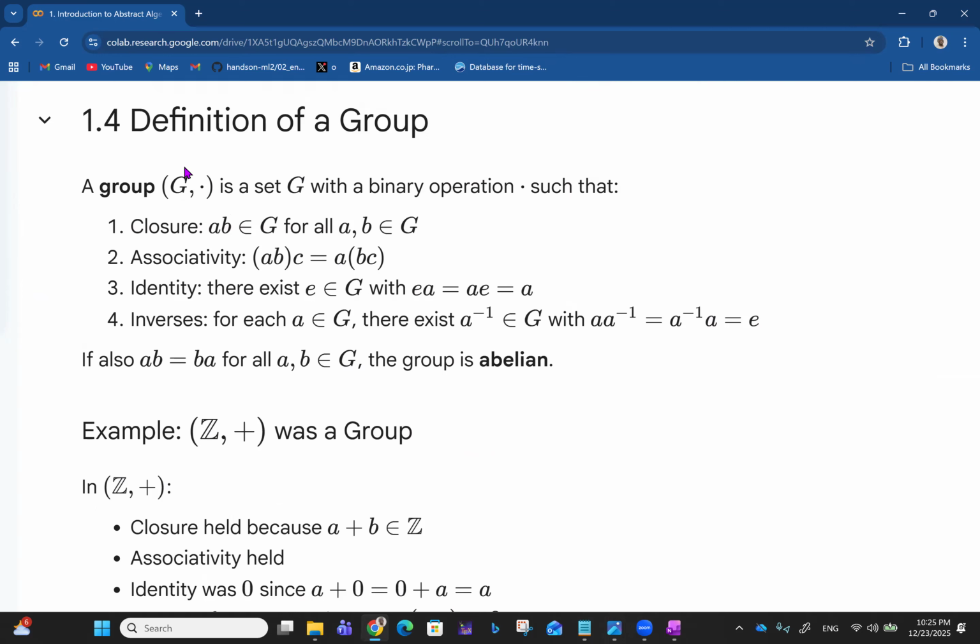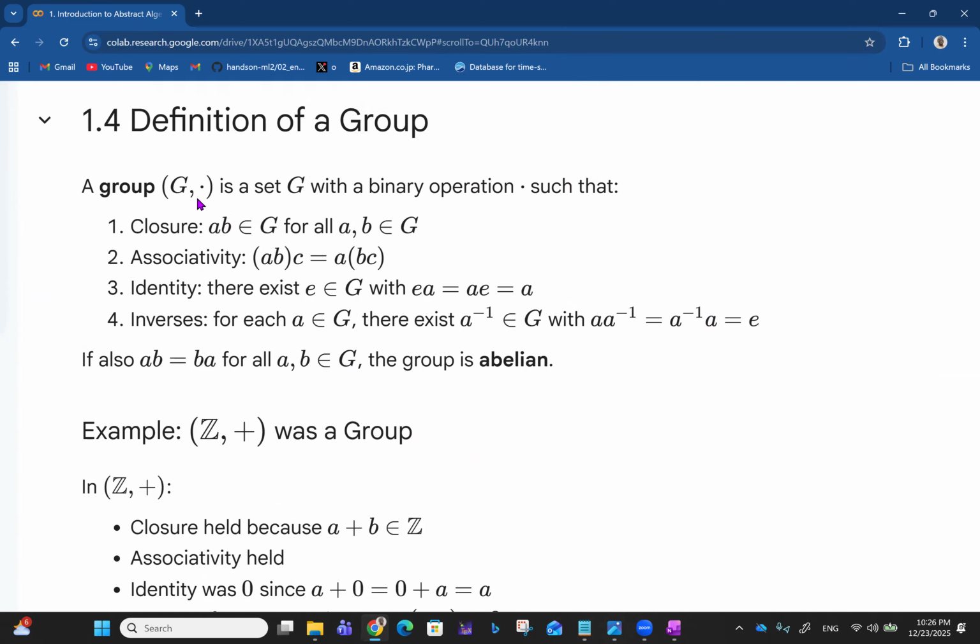The group consists of a set, so this G is a set with a binary operation. This dot is a binary operation. It could be addition, multiplication, whatever you define at any point in time. So if you have a set and a binary operation put together, it becomes a group.